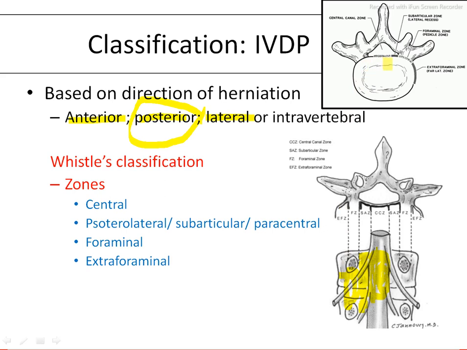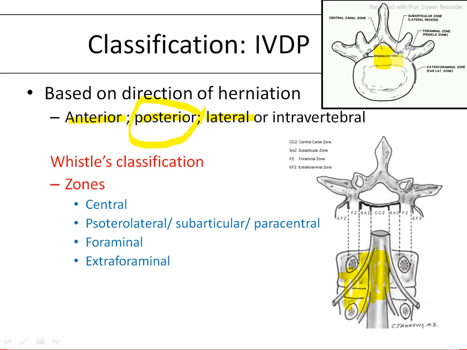So in this section you see here, when there is disc prolapse from this region, it is central. So as close to the canal or the spinal cord, it is central.